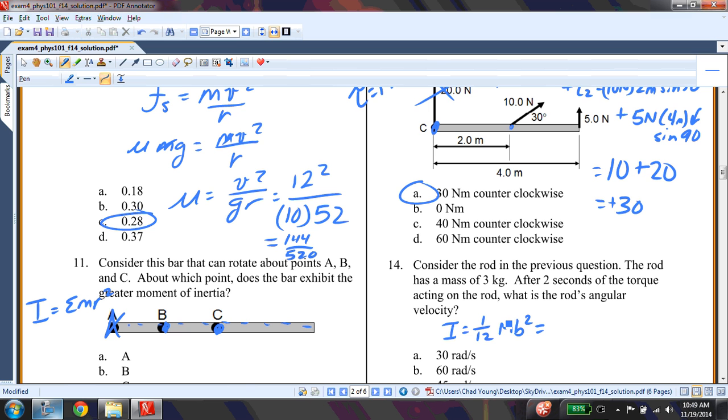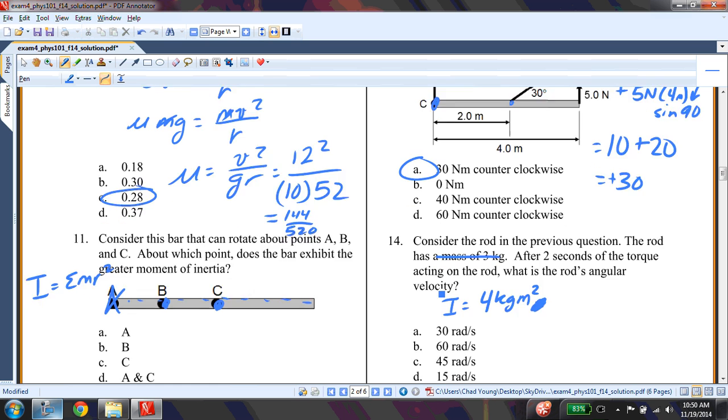I'm going to say instead that the rod has a moment of inertia equal to 4 kilogram meters squared. So after 2 seconds of the torque acting on the rod, what is the rod's angular velocity?